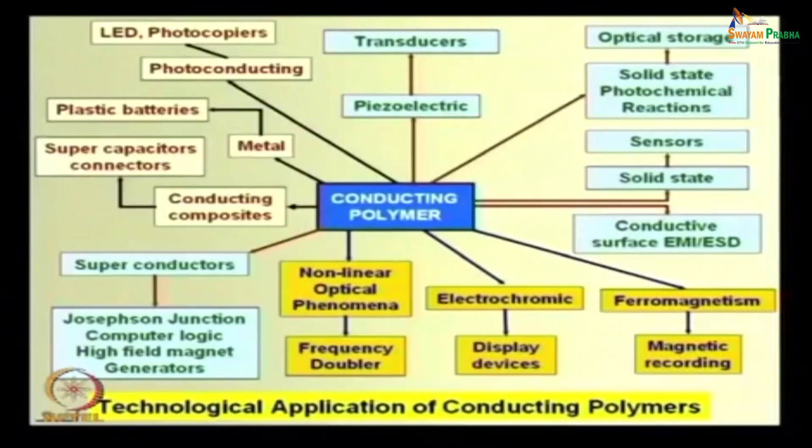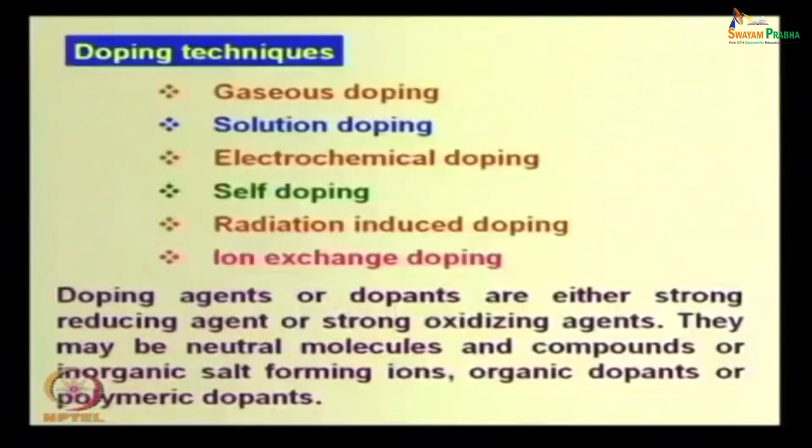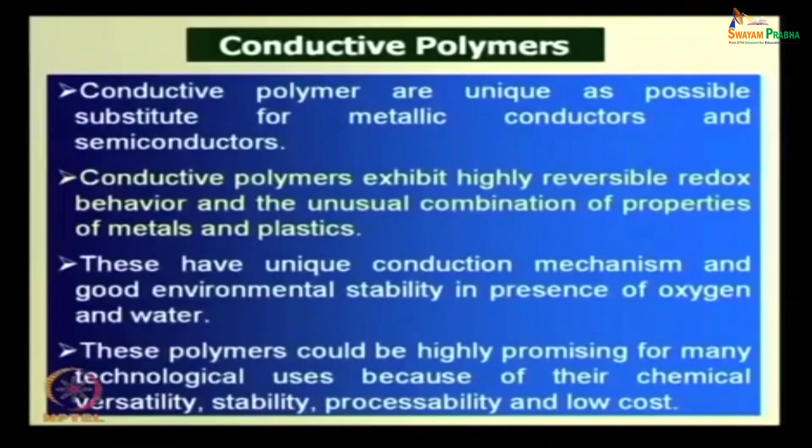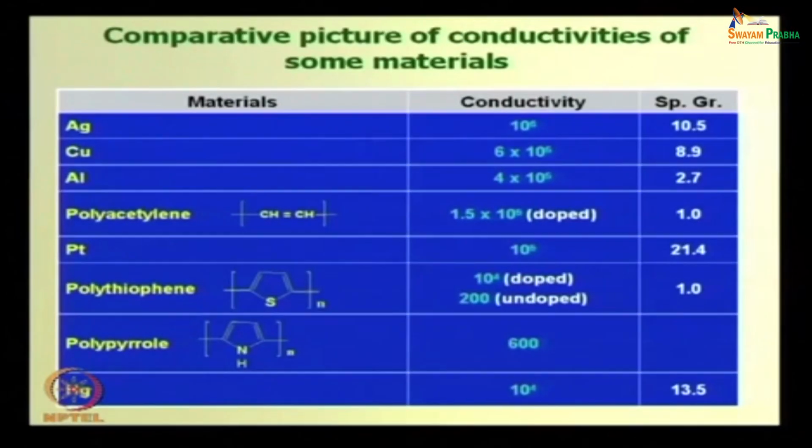Now, let us see this one. You see, you just compare the conductivity properties, conductivity and specific gravity of metals and organic molecules. See here silver conductivity is 10 to the power 6, just Siemens per centimeter, unit is not shown here.